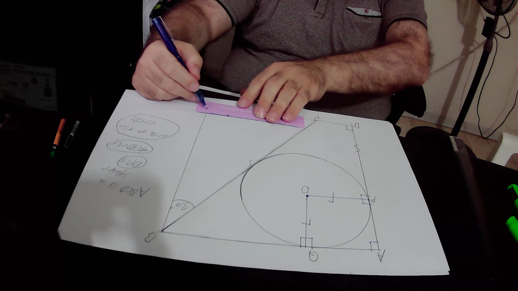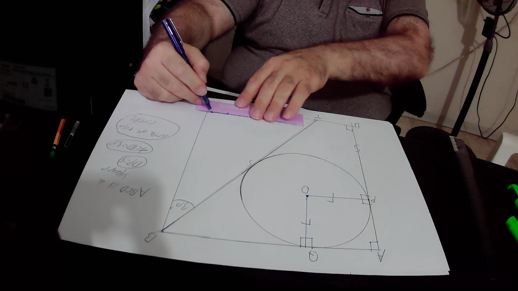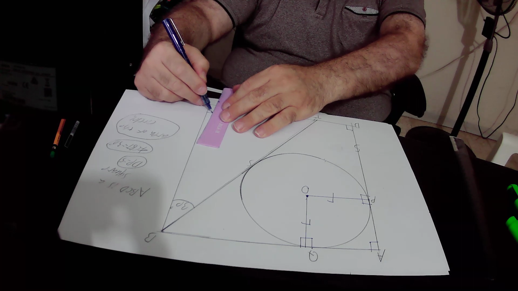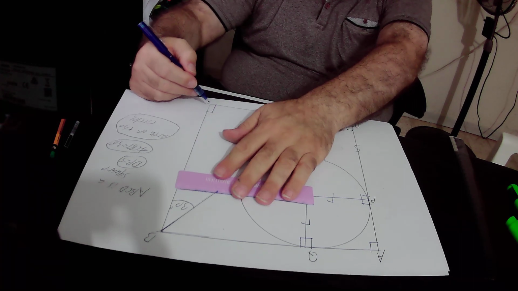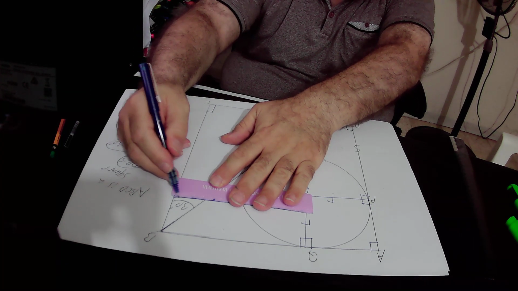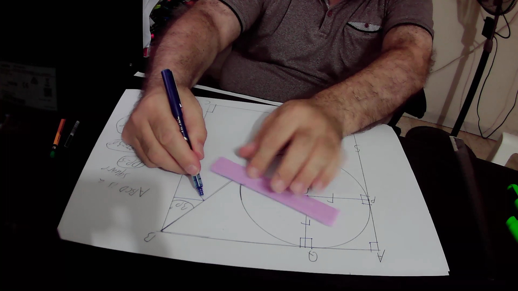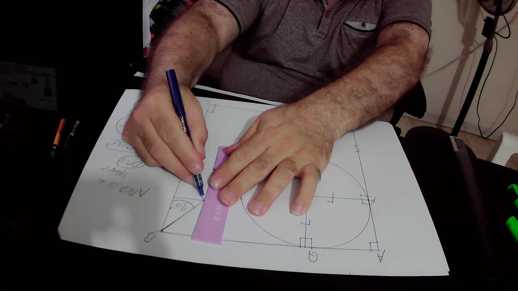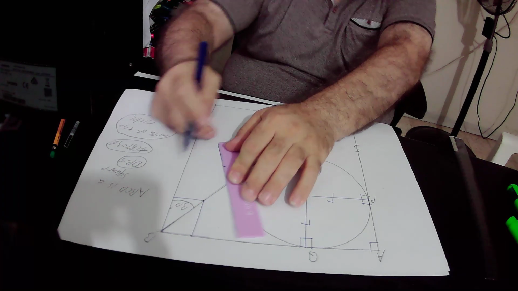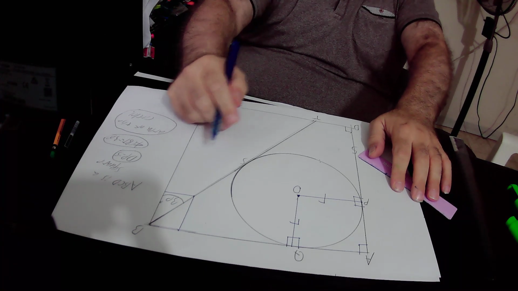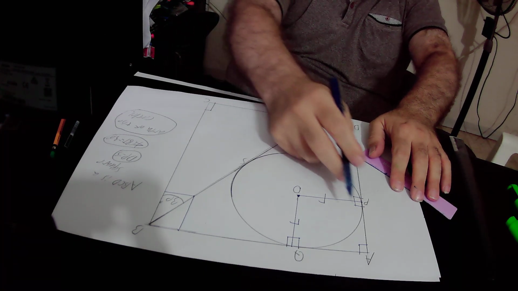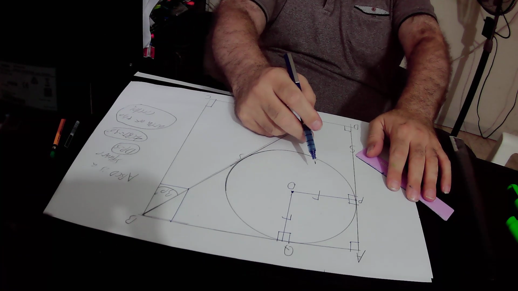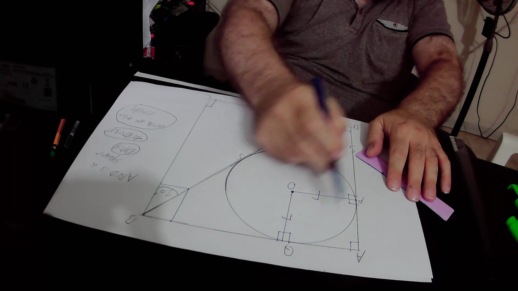This angle inside square ABCD equals 90 degrees. And finally, this angle is equal to 90 degrees. So inside quadrilateral POAQ we have three right angles.